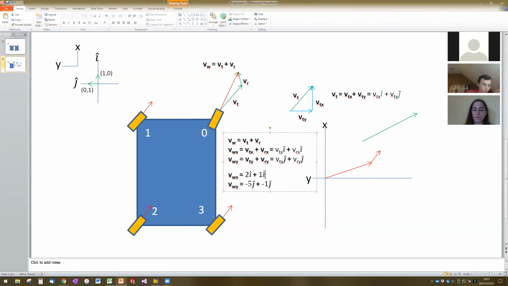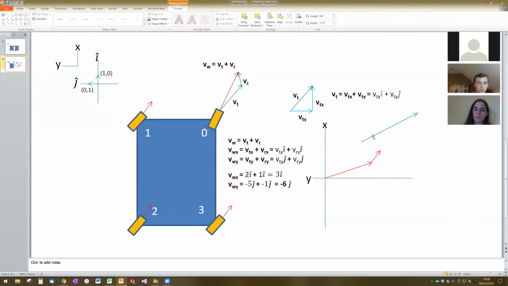And so what we would end up with is a vector that is 3 in the x, and -6 in the y.